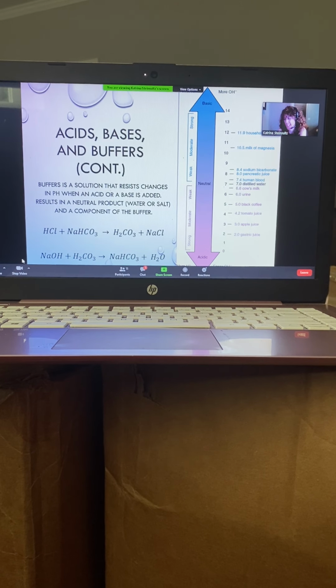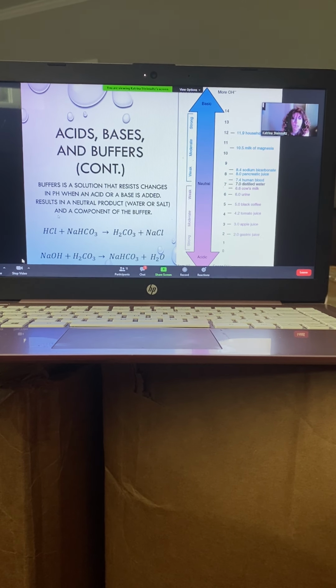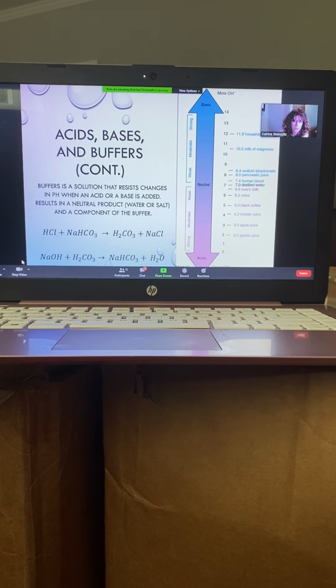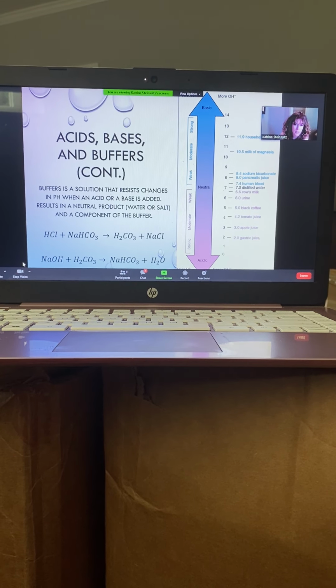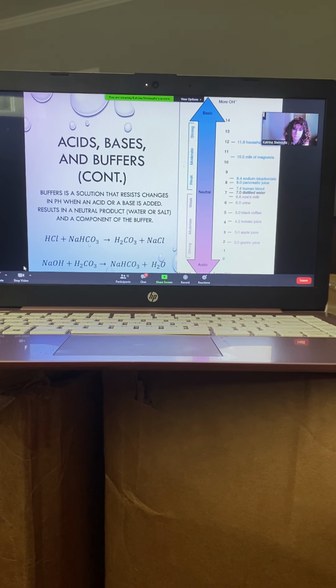Sometimes you want it to stay like it is. And so when we have that situation, we might have that strong acid or that strong base in a buffer solution.